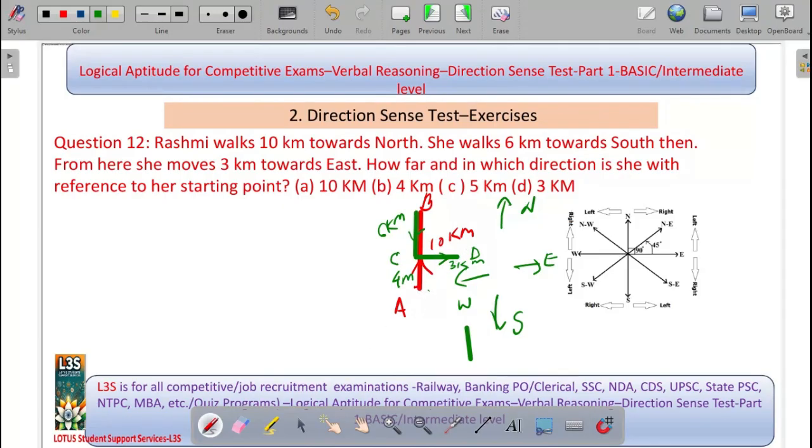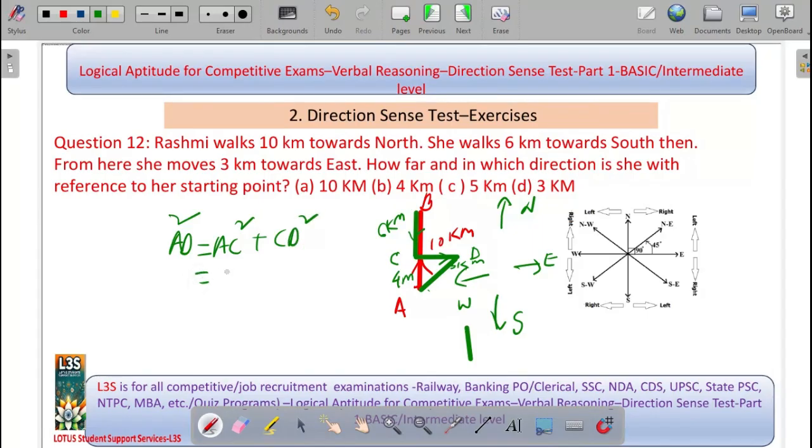Now we can find this distance easily. AD is the distance from starting point to end point, and if we use the Pythagoras theorem, AD square is equal to AC square plus CD square.